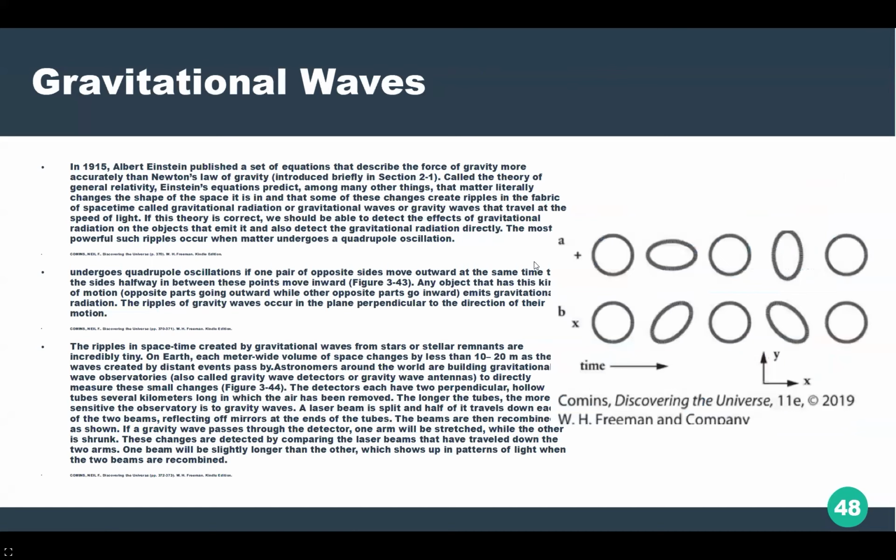A laser beam is split in half as it travels down one of the two beams, reflecting off mirrors at the end of the tube. The beams are then recombined. If a gravity wave passes through the detector, one arm will be stretched while the other is shrunk. These changes are detected by comparing the laser beams that have traveled down the two arms. One beam will be slightly longer than the other, which shows up in the patterns of light when the two beams are recombined.